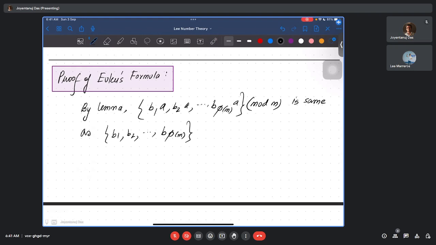So if we take the product of the numbers, they will be equal.